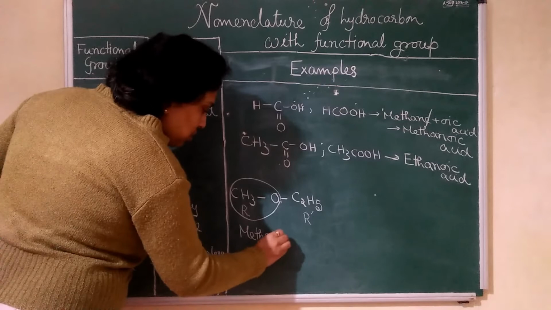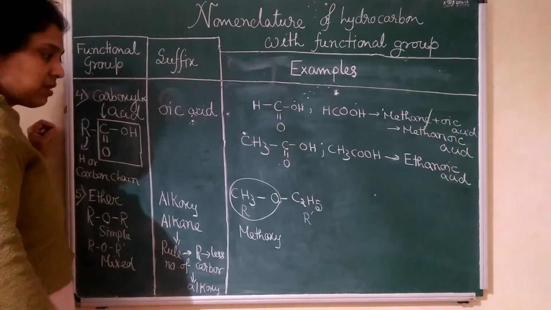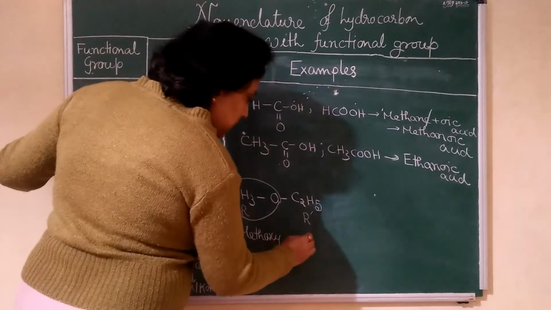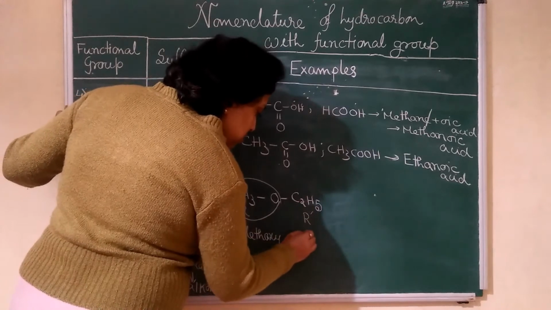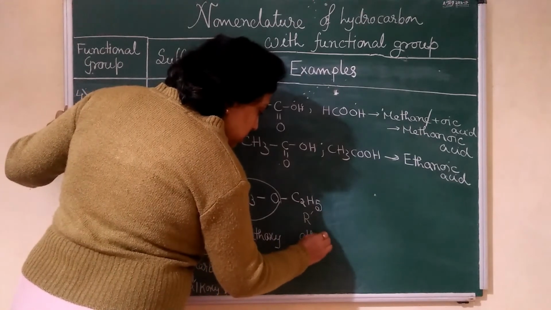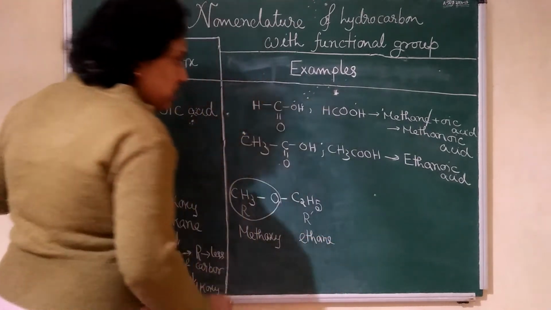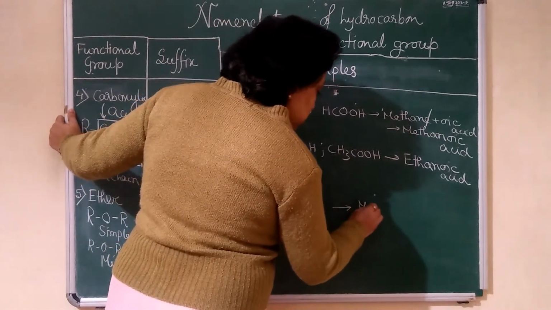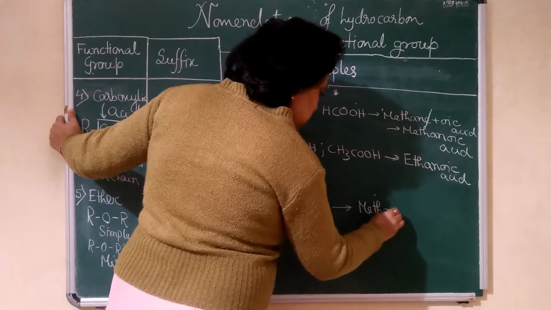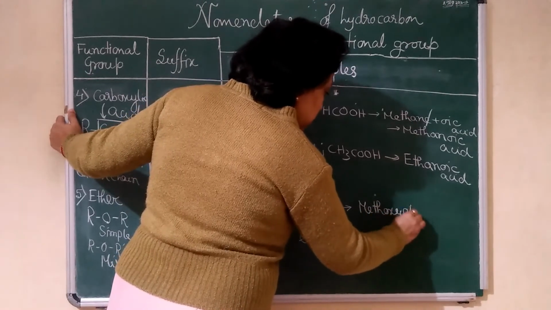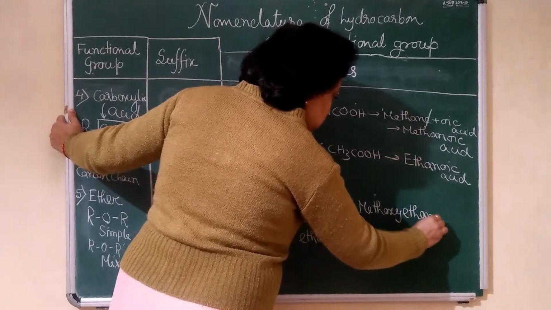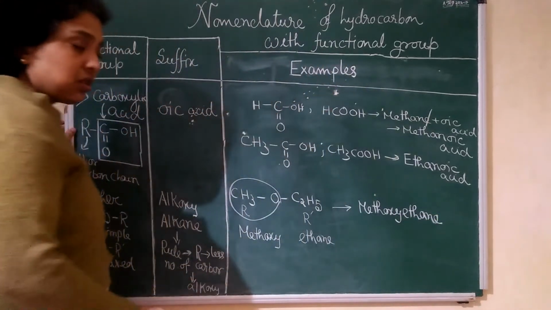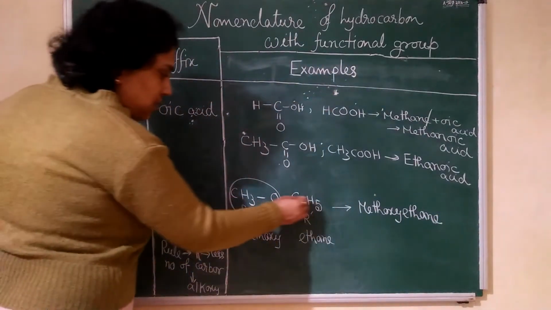This is methoxy, and the other R will be alkane. It is 2 carbon, so it is ethane. The nomenclature will be methoxyethane.